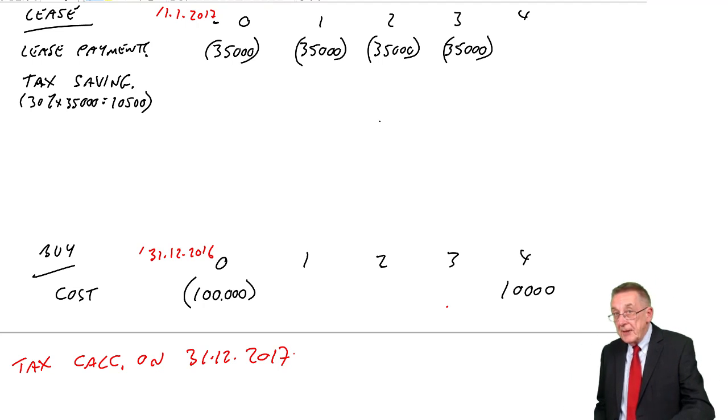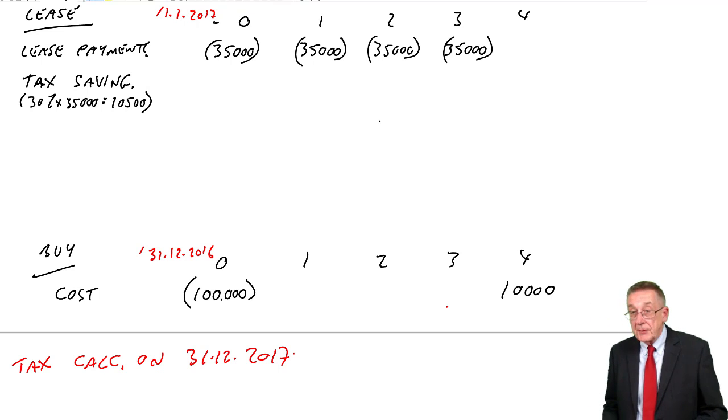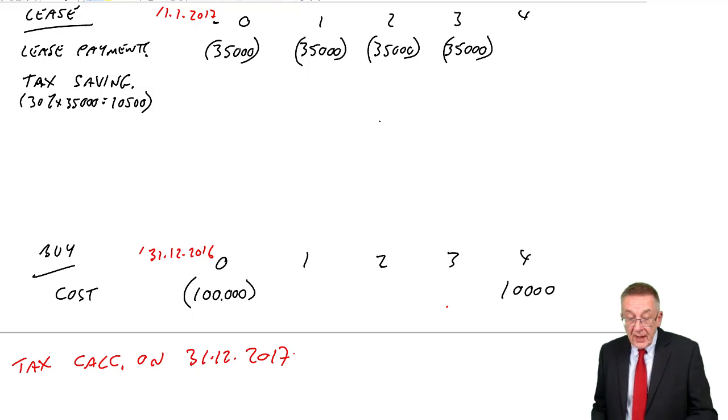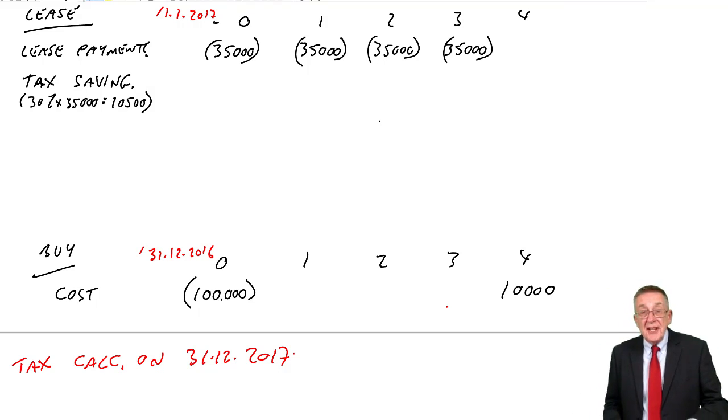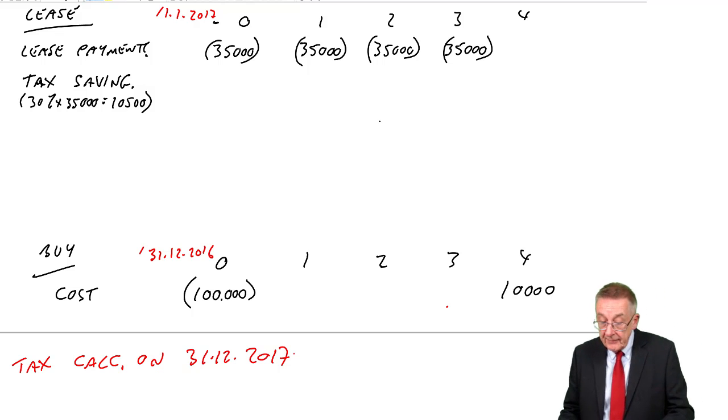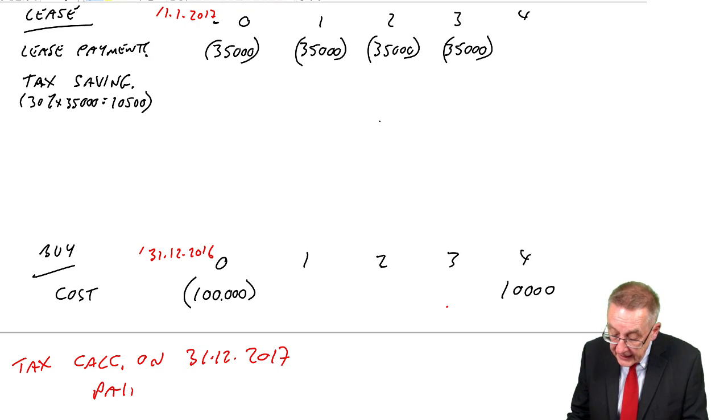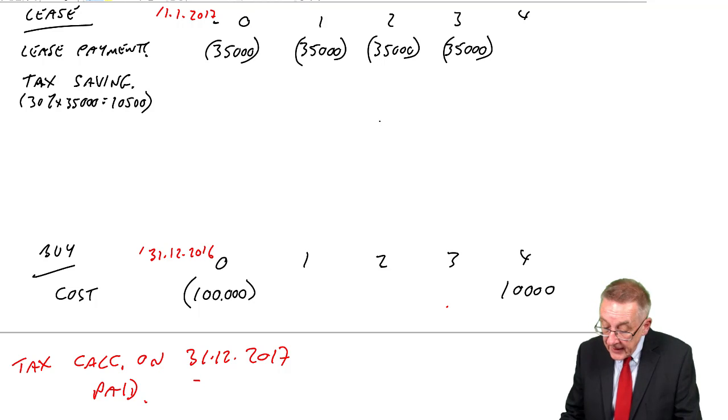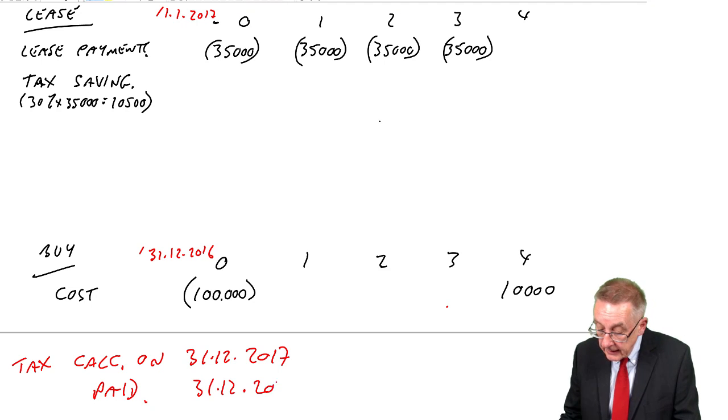Made the payment 1st of January, but they don't calculate tax till the end of the accounting year. And the tax is payable 1 year after the end of the accounting year. So it's going to be paid, or in this case saved, on December 2018.